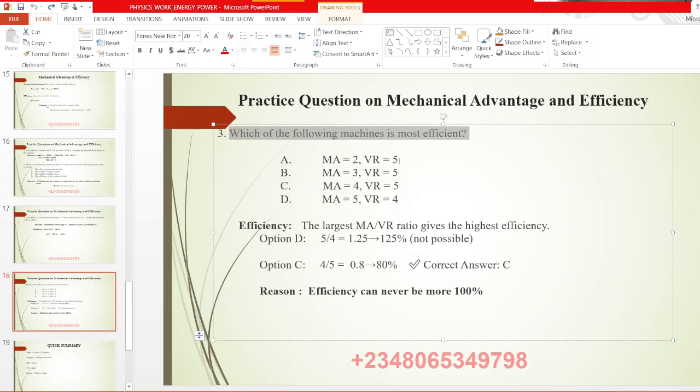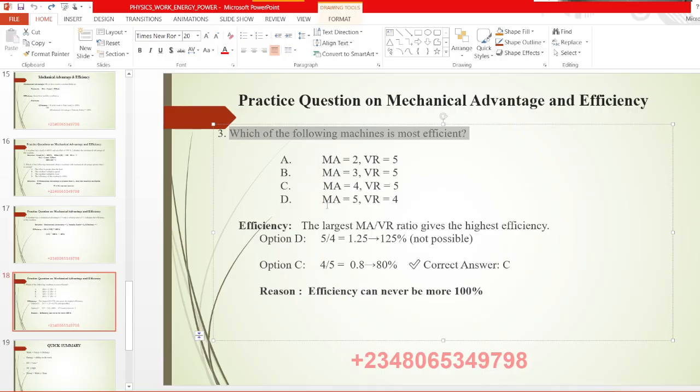2 divided by 5 multiplied by 100, that would be 40%. 3 divided by 5 multiplied by 100, that would be what? 60%. 4 divided by 5 multiplied by 100, that would be 80%. You could see.